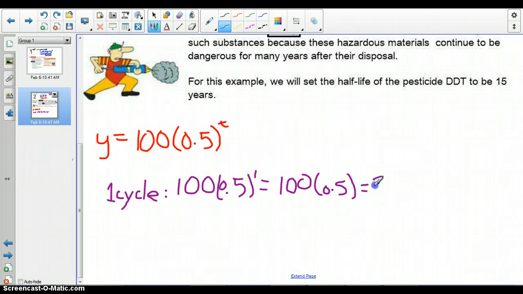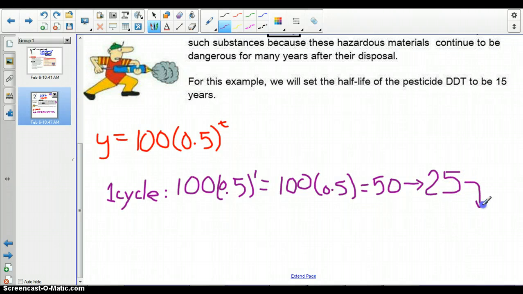It's 50. Now our next cycle would pass. We would plug in a 2 into this t, and this 50 would go down to 25, because remember, we go by half-life, and half just means it keeps going down by half.